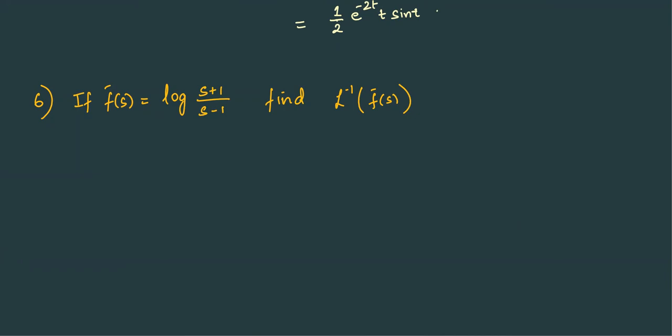What can we conclude here? What observation? See, we know the Laplace inverses of 1 by s plus 1 and 1 by s minus 1. But here it is log. Very clearly log means integral. Okay. So see this.